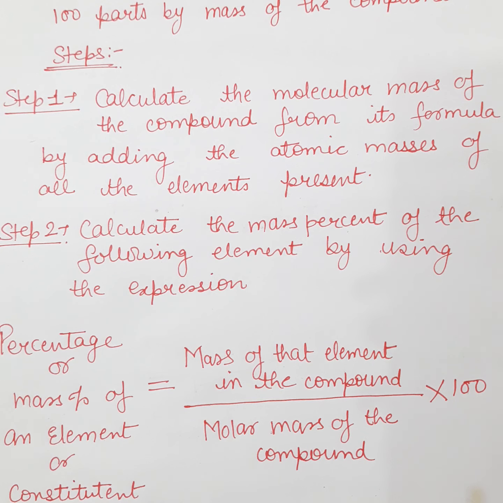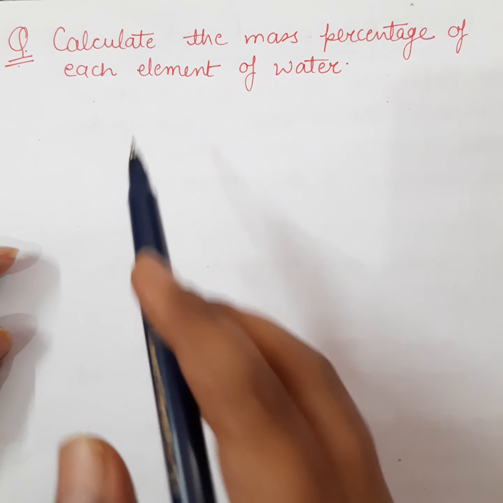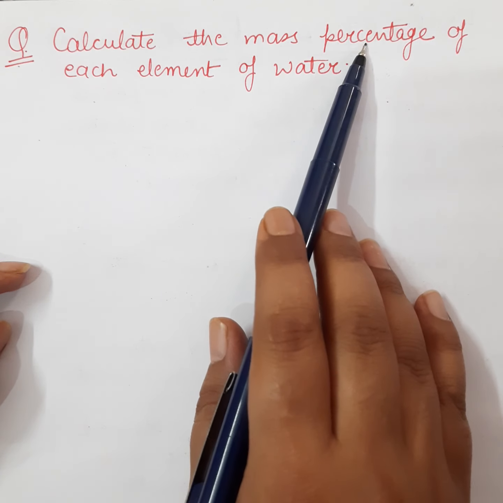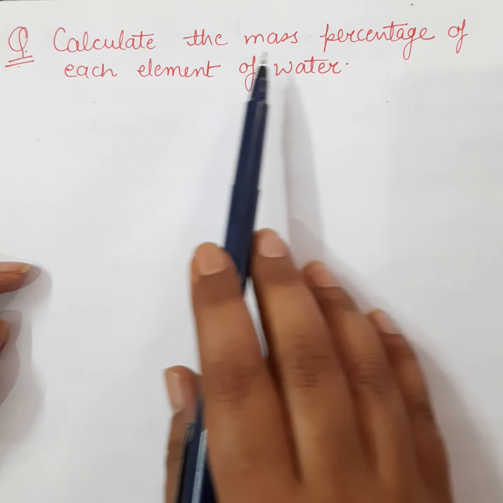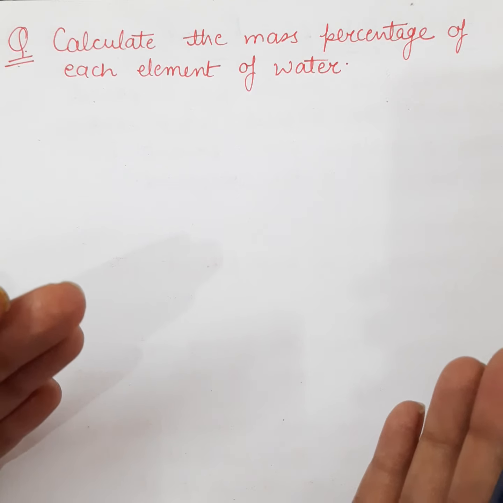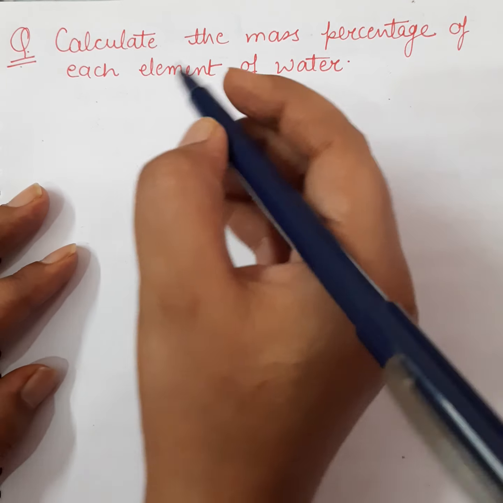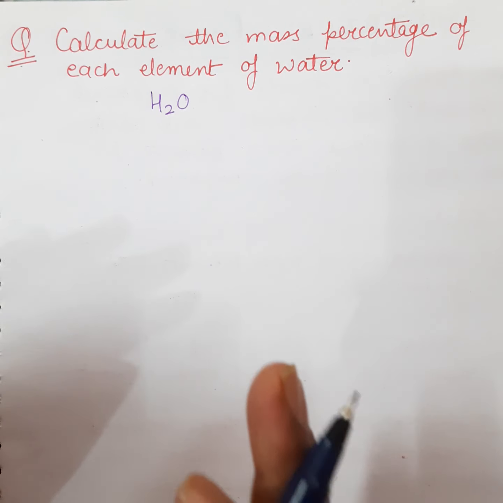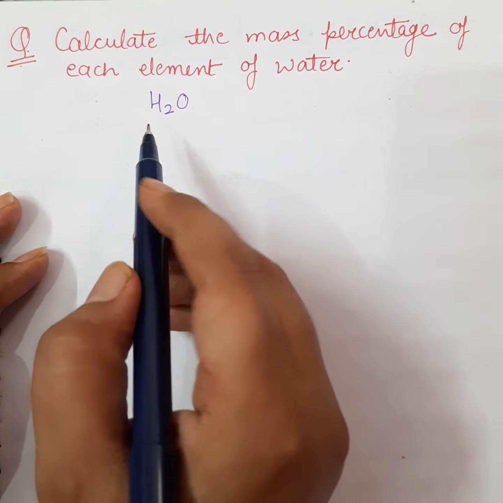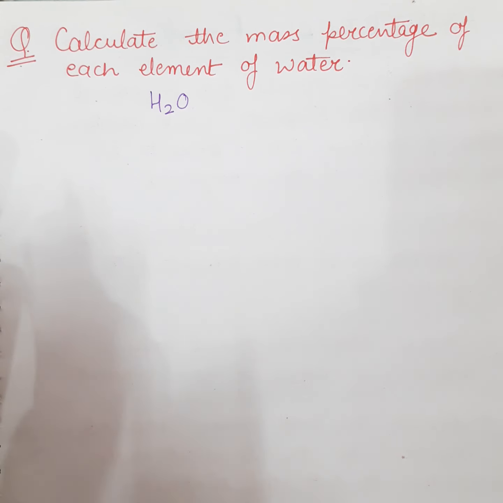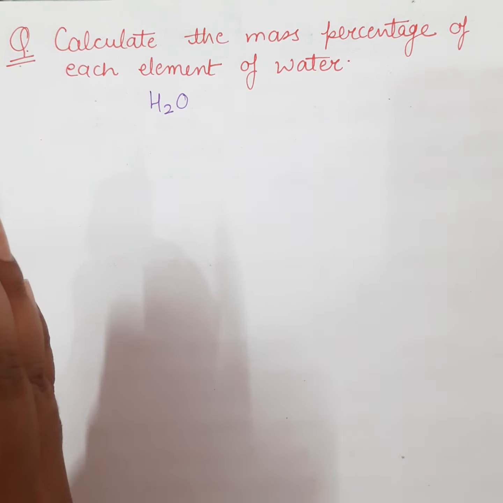Let's take an example to better understand this percentage composition. You can see the example over here: calculate the mass percentage of each element of water. Water is made up of hydrogen and oxygen, and we know the formula of water is H2O. The first step says to calculate the molecular mass. You all know that in the previous class we learned how to calculate the molar mass or molecular mass.